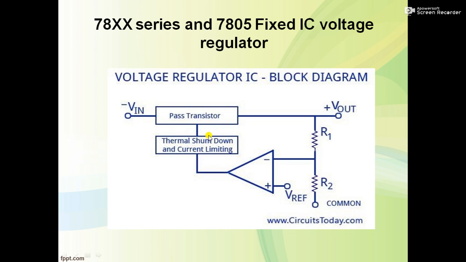Because sometimes in a particular IC, if the current suddenly increases, at that time the temperature of that IC also becomes more than the safe value.